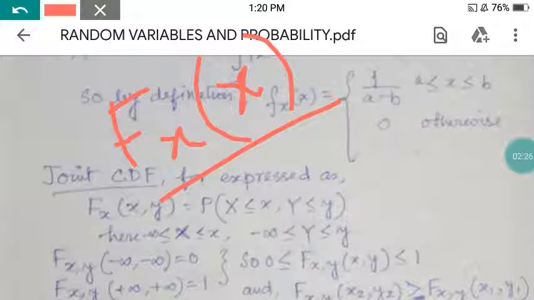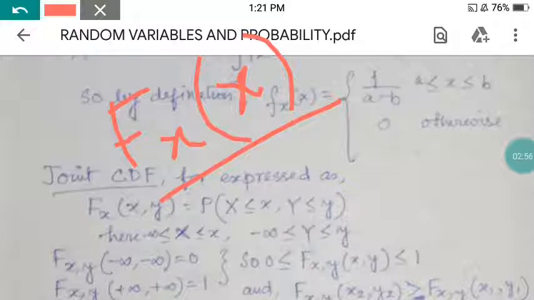When the cumulative distribution function is considered for the combination of two variables, X and Y, it can be written as F of XY of x, y, which equals P of capital X less than or equal to small x, capital Y less than or equal to small y. In this way it is represented as a joint cumulative distribution function.